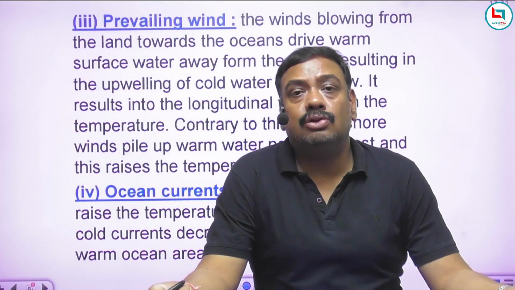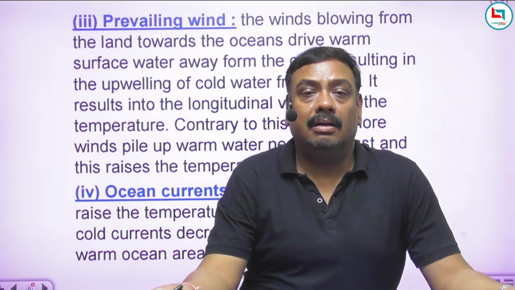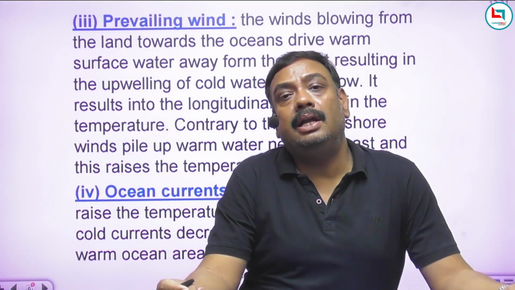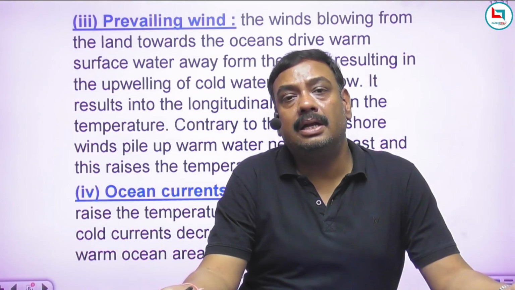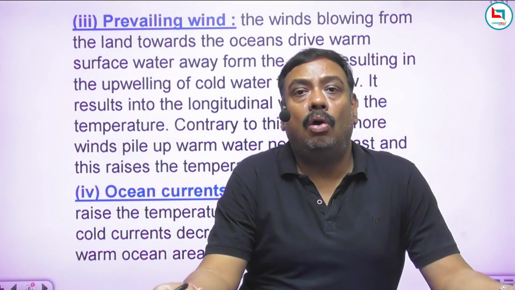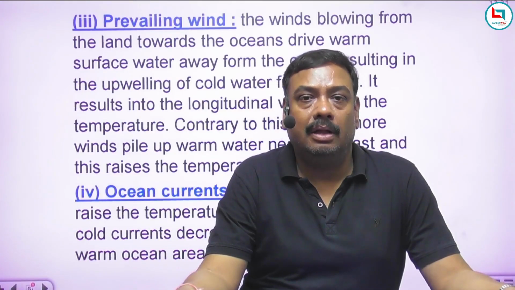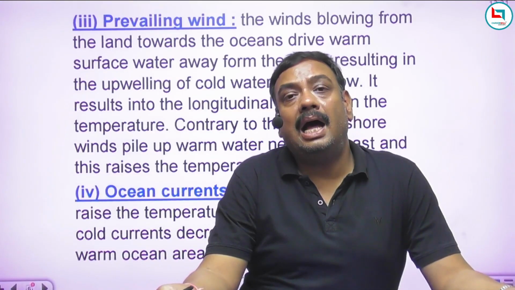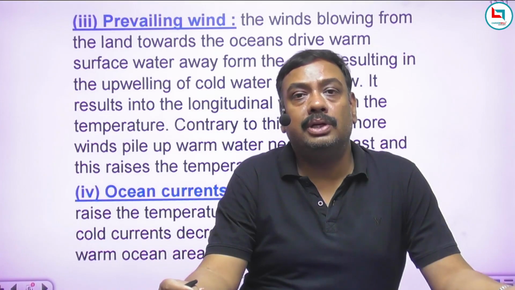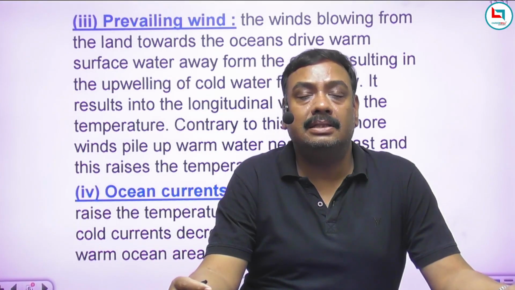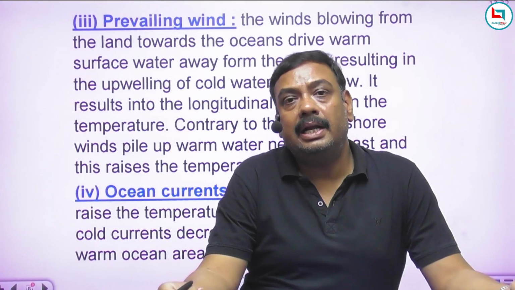So these ocean currents are also divided into two types on the basis of their temperature condition. The ocean currents are considered as warm ocean current and cold ocean current.